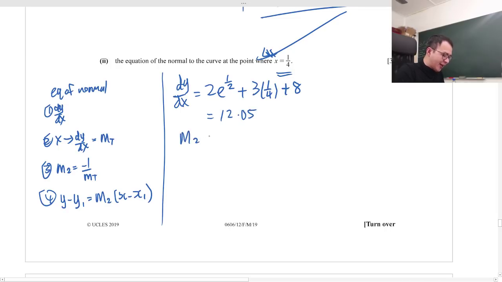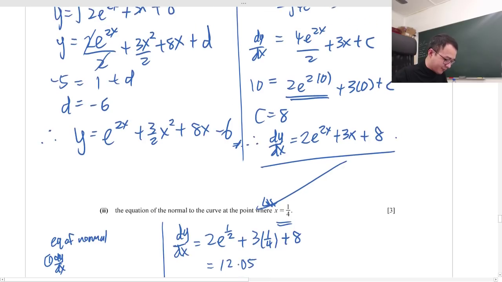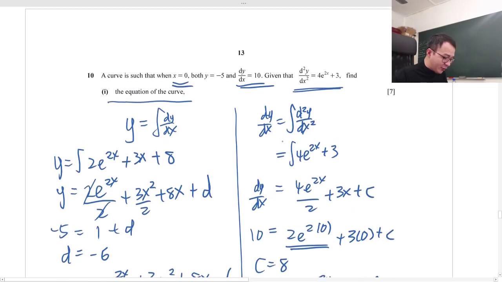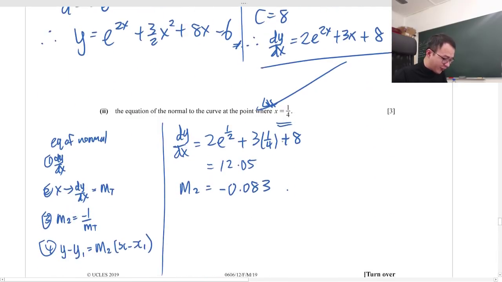So I want to find my m2, which is -1 divided by my answer just now. Okay, it's -0.083. So I want to find my y value when x equals to 1 over 4. So I will sub the 1 over 4 into here to get my y value.